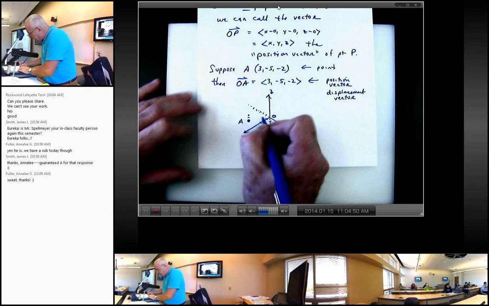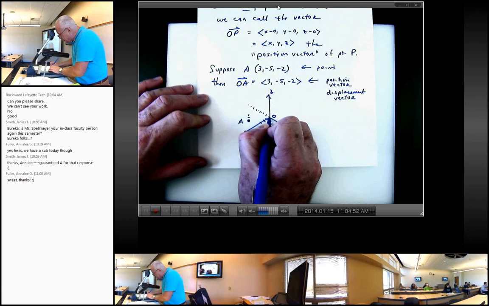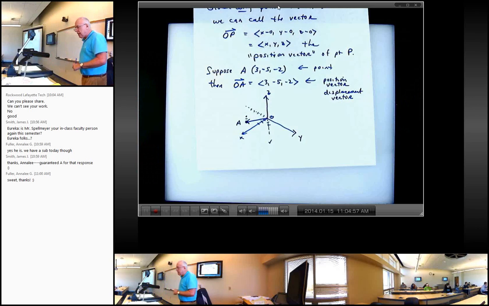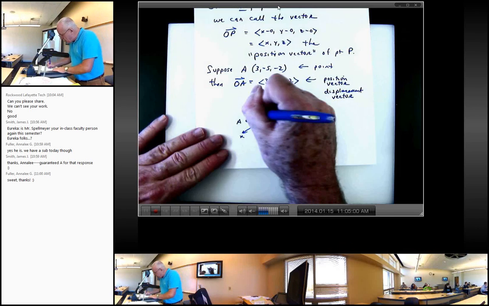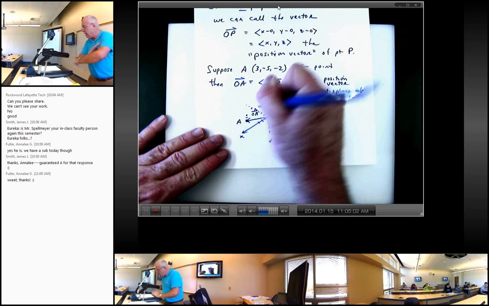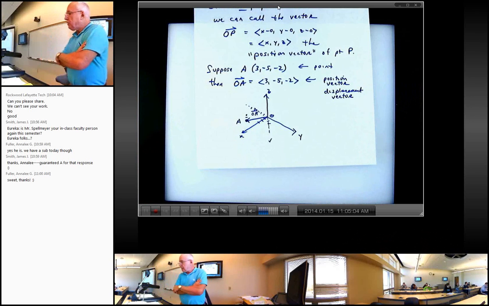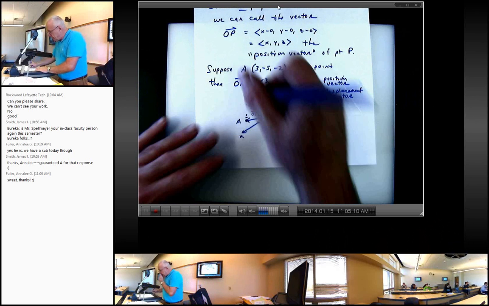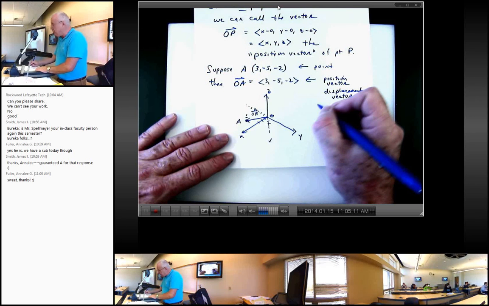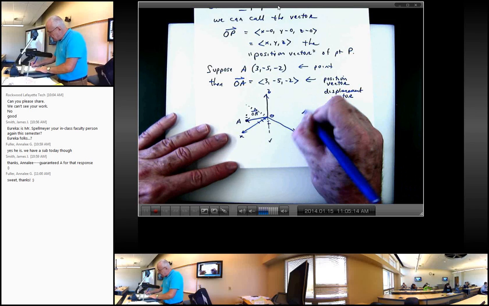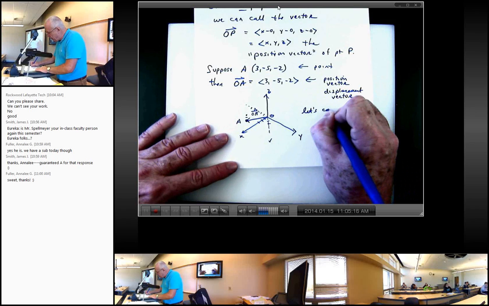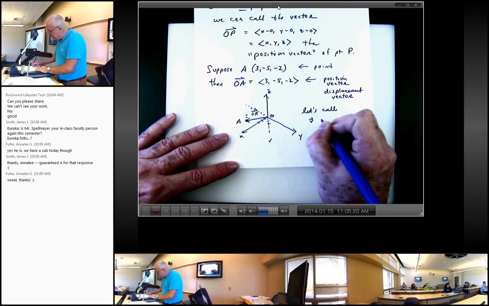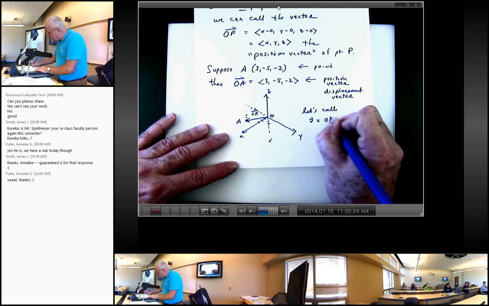That point doesn't move. But this is our point O, or the origin. So therefore, we can have this vector that starts at that origin and goes to the point A, and this would be OA with an arrow above it. This would be our position vector. Now, in order maybe to avoid confusion, let's call V with an arrow over it equal to the OA vector.